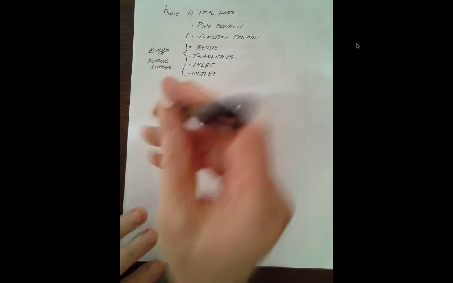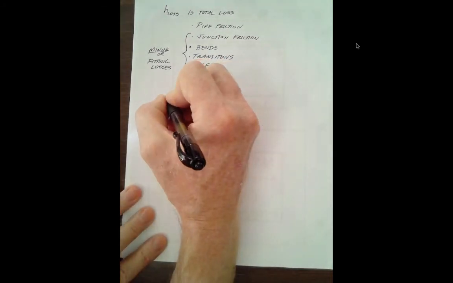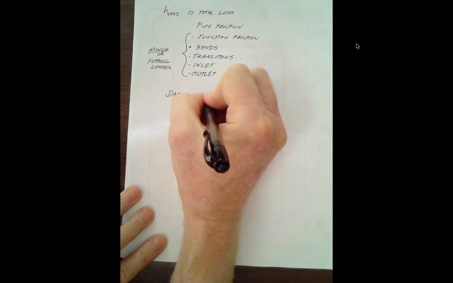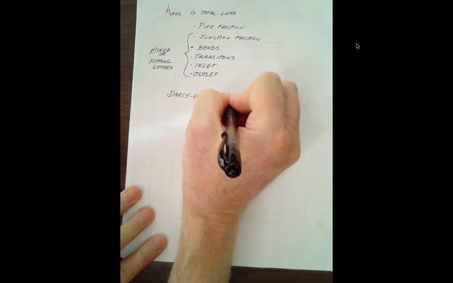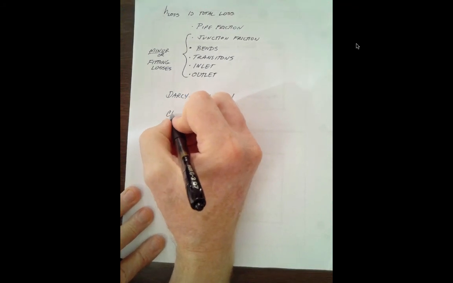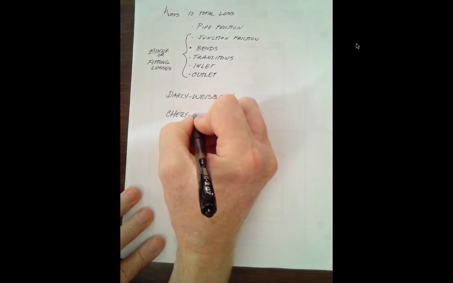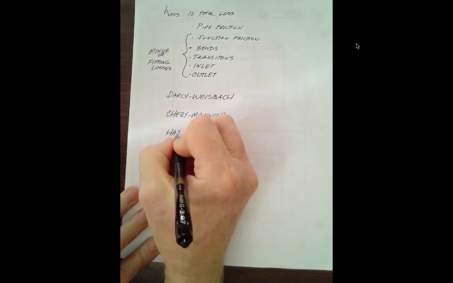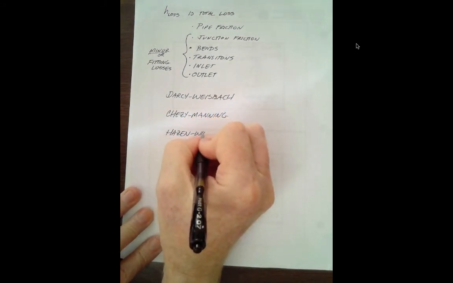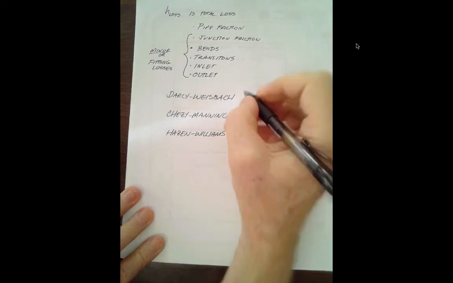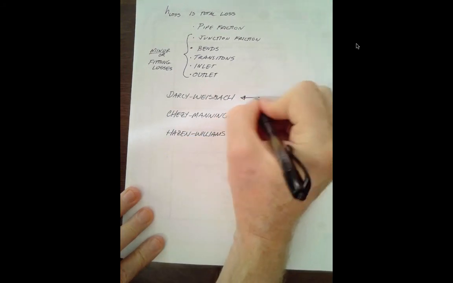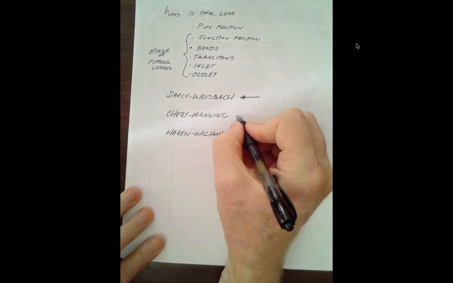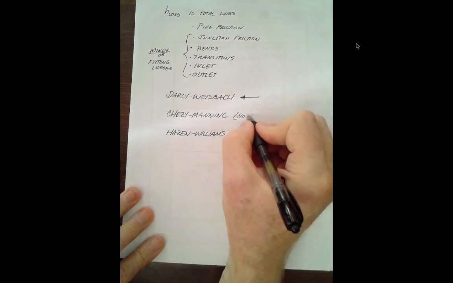All right, so the common pipe friction models are Darcy-Weisbach, Chezy-Manning, and Hazen-Williams. I believe our textbook uses Darcy-Weisbach almost exclusively. Chezy-Manning is not common for pipes.